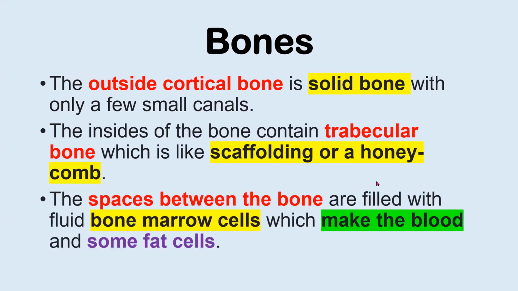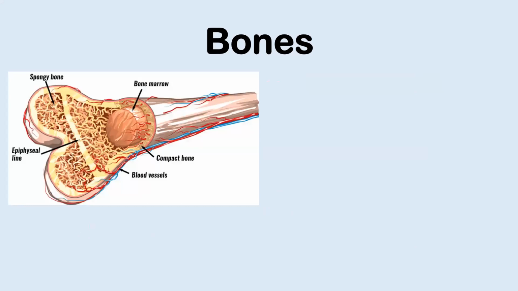Now these spaces are filled with bone marrow. Bone marrow are cells, actual cells, and they make our blood and some fat cells. So the bone is actually quite a complex system.